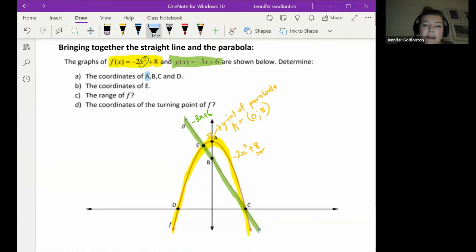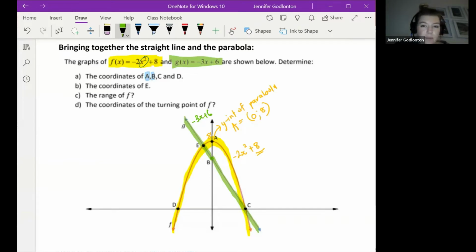Next question. I'm looking for the coordinates of B. That guy there. What are my coordinates of B? Yes, Awami. Yes, Ria.